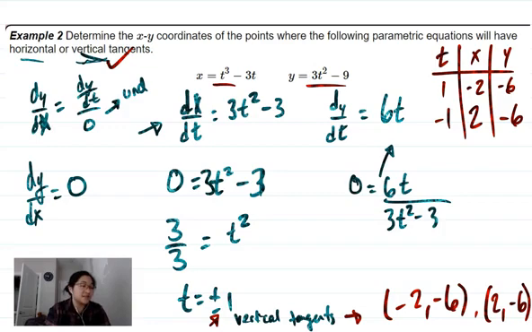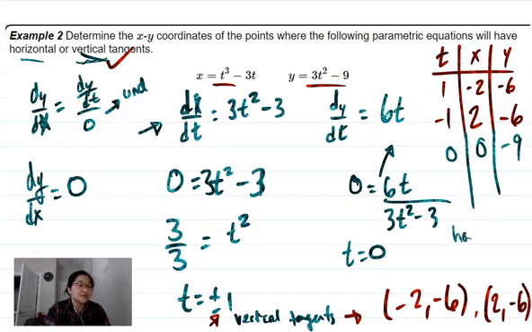But this is going to be when t equals 0. And where does t equal 0? At (0, -9). So we have a horizontal tangent at (0, -9). Boom.